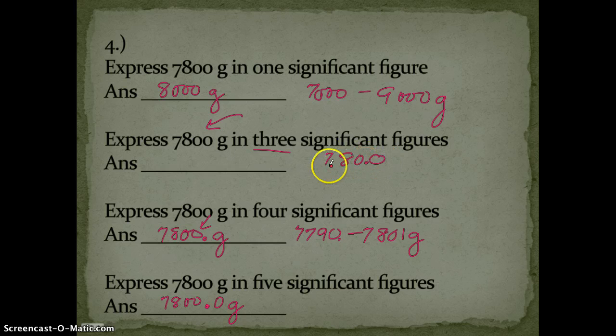That's 4 significant figures and it's nowhere near 7,800. So what you have to do is stick it in scientific notation at 7.80 times 10 to the 3rd grams. That's 3 significant figures, and that's the only way you can get around this.